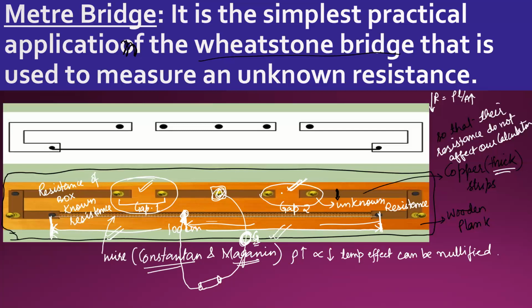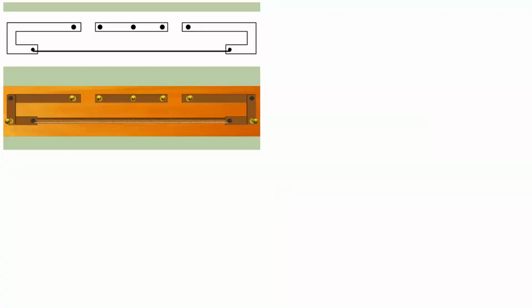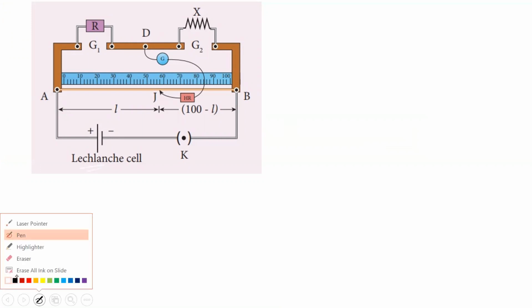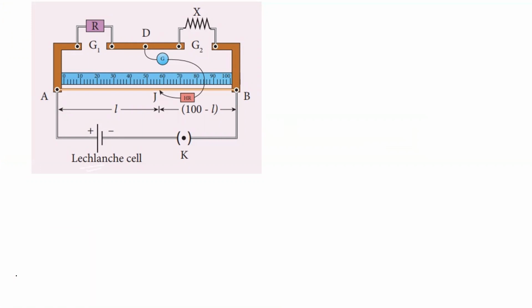How can we find the unknown resistance through this gap? For this, we are having a diagram of certain type. Through this point A and B, we have connected a Leclanché cell. What is a Leclanché cell? A Leclanché cell is a dry cell which is used in the labs. R, as I have already told you, is the resistance box.